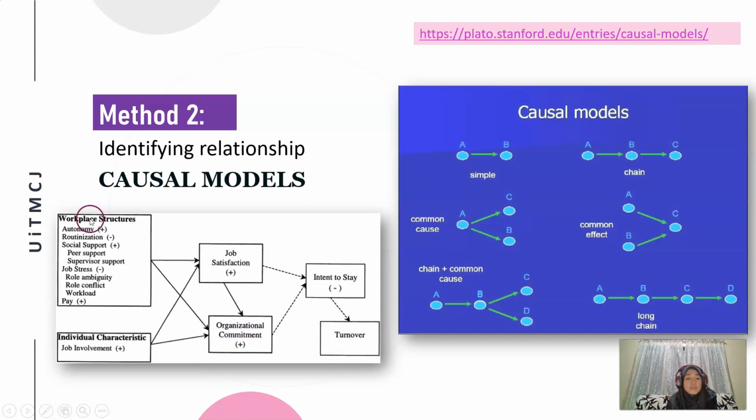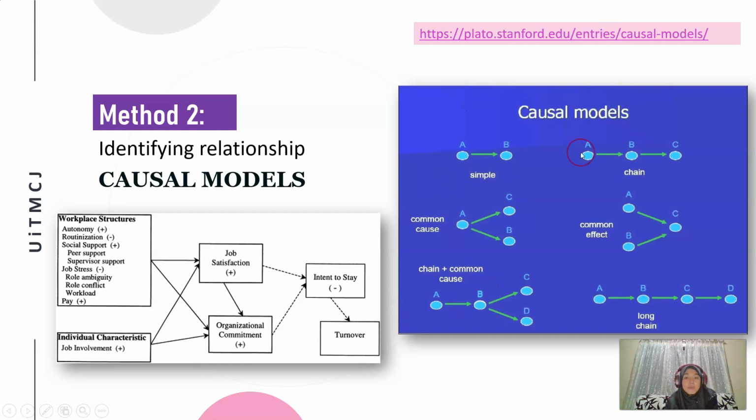This is an example of a model, or the factors, used to predict whether a person wants to stay in a company or not. For example, what is the relationship of peer support to job satisfaction? What is the relationship of job stress to job satisfaction, and so on? This is how we use causal models for method number 2.